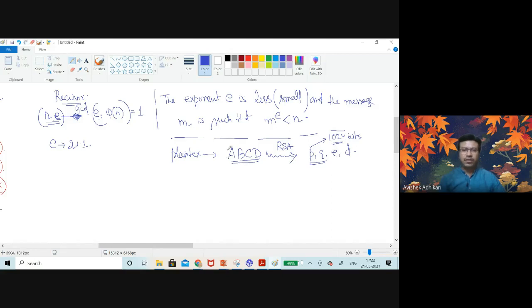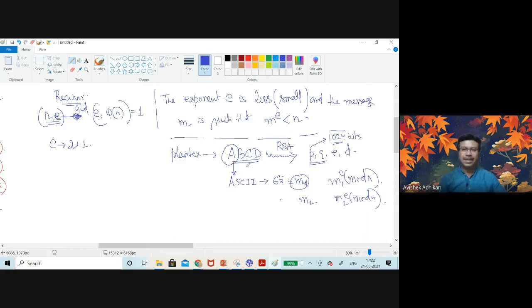One simple way is to convert each of these characters into its corresponding ASCII value. For example, the ASCII value of capital A is 65, consider that to be M, and then compute M to the power E modulo N. Similarly, B is 66, say this is my M2, and then compute M2 to the power E modulo N, and so on.